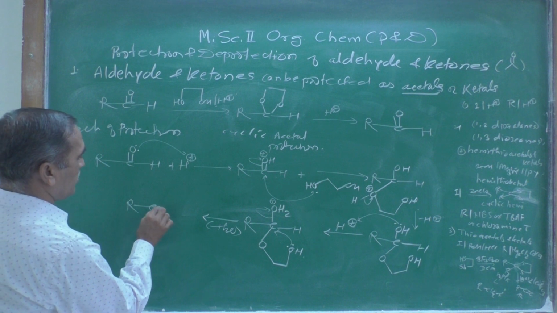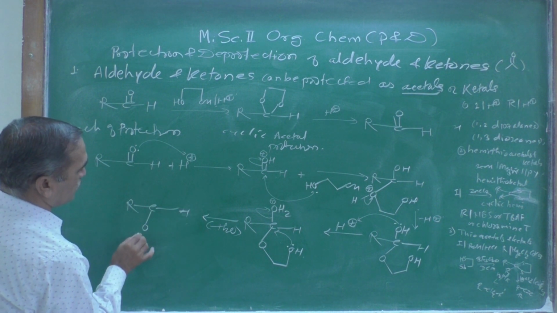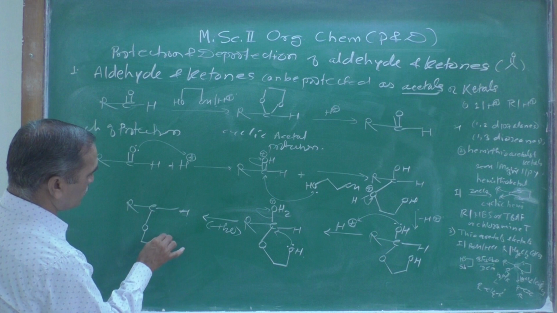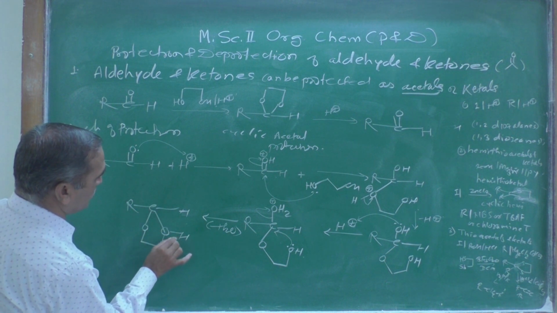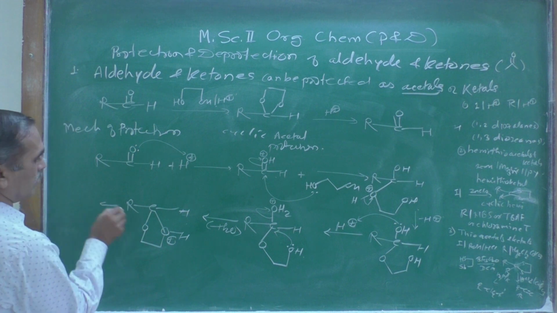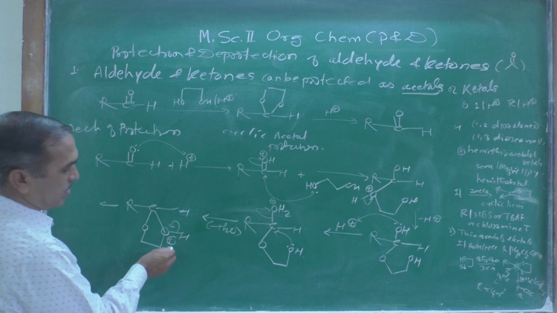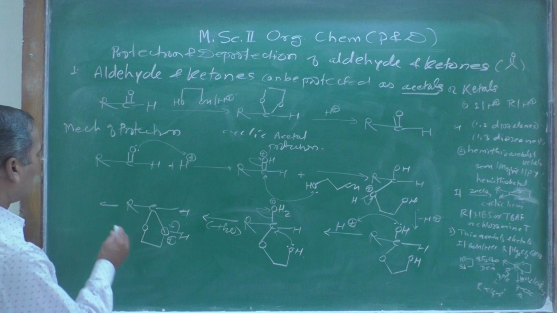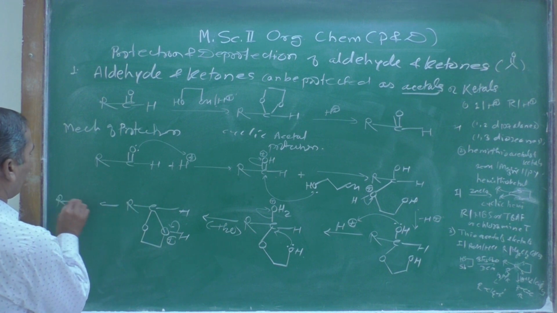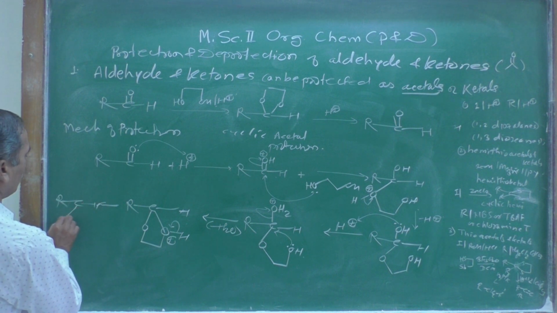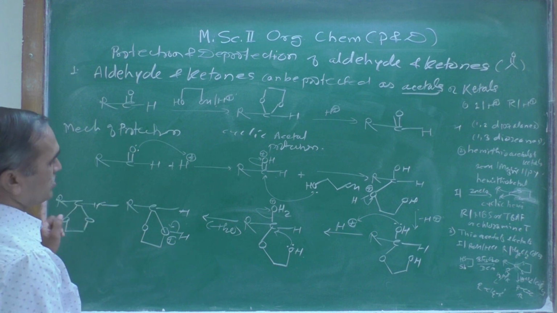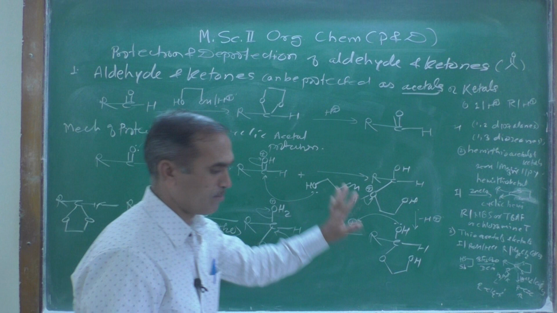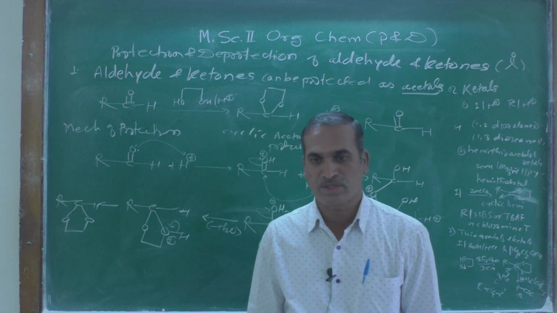R, C, H, this O, then CH2, CH2 and this oxygen atom and H, with a positive charge over there. Then again this species becomes unstable, and finally you will get R, C, H, O, CH2, O and this CH2. This is the mechanism of protection.